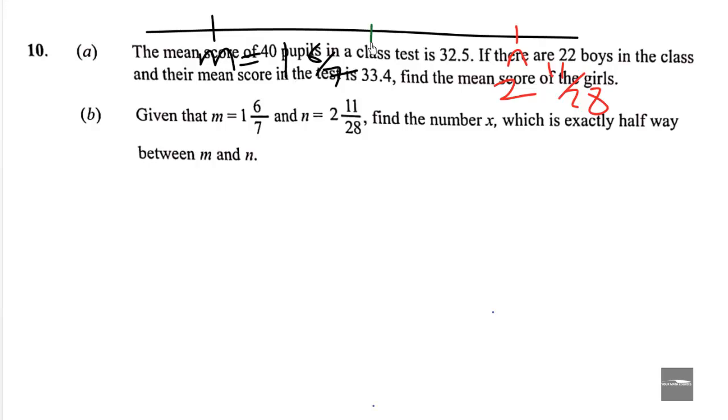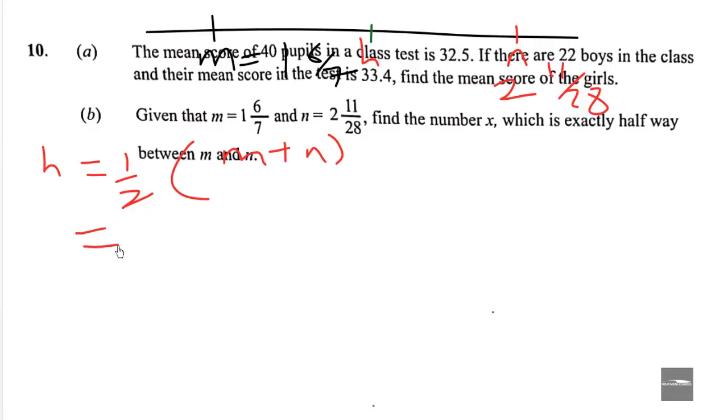So let's say this number here, h. So h will be equal to m plus n over 2. It should be equal to m plus n over 2, or half of m plus n.